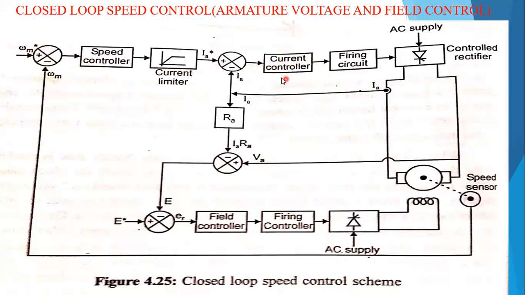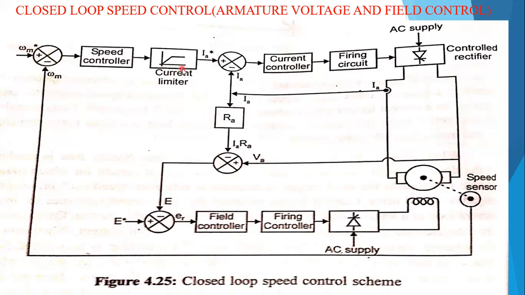The current limiter limits IA star to a maximum value of armature current. The drive current is not allowed to exceed the maximum permissible value.